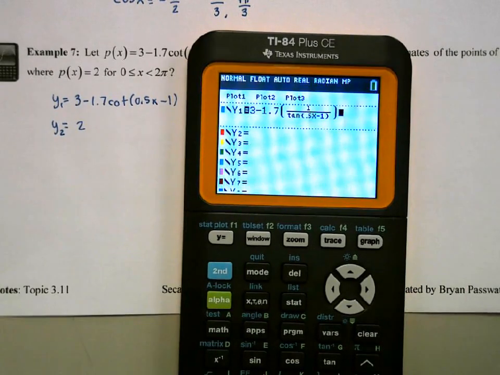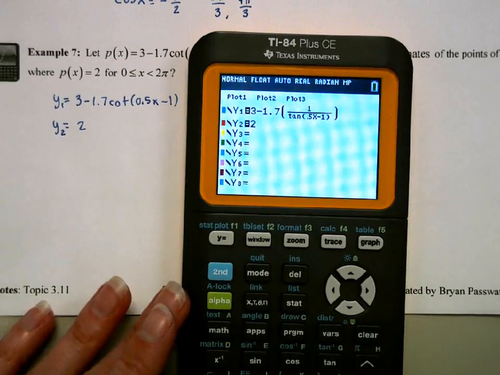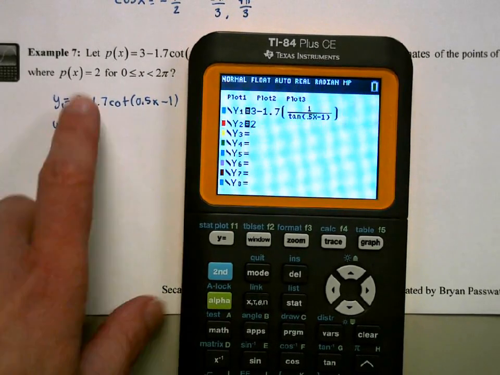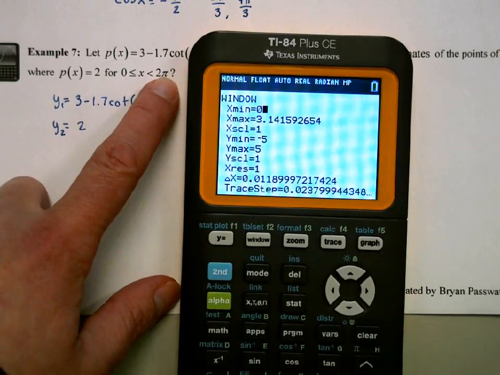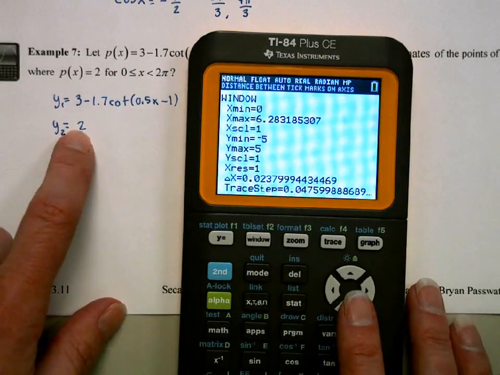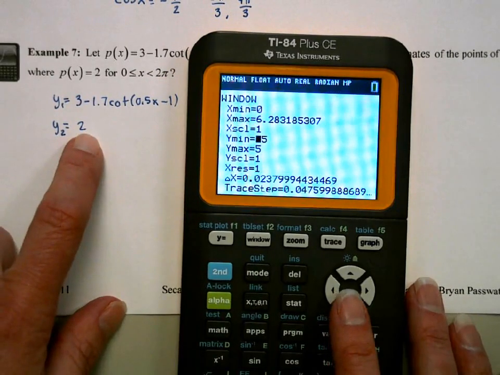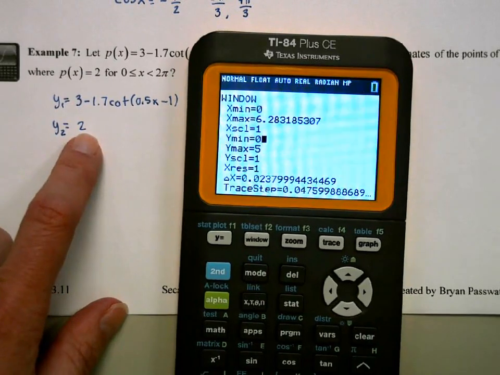In my y2, I'm going to put 2. For my window, I'm interested in where x is between 0 and 2 pi, so I'm going to do 0, 2 pi. For my y's, I'm interested in seeing 2, so maybe I'll go from 0 to 5. As long as 2 is in between there, then we're good to go. Then we'll graph.